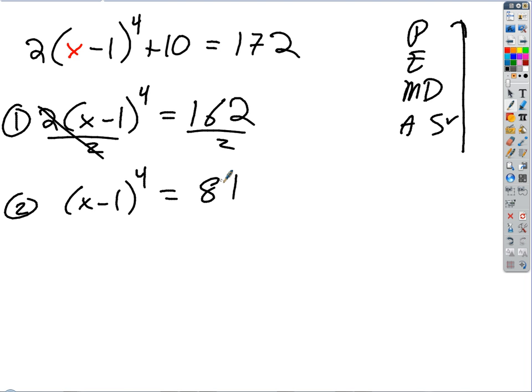Now, who wants to attempt the next step? What do I do with the next one? Not square root, 4th root. Okay, good. So step 3, because now we're on exponent, we're going to get x minus 1 equals. Now, who would care to tell me exactly what I write?